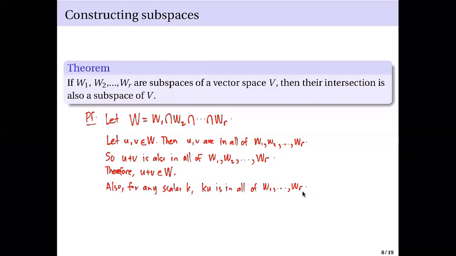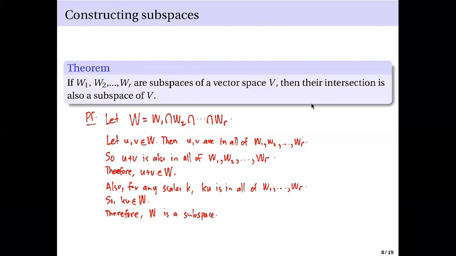So kU is also in W. Therefore, W is a subspace. That's the short proof for this.